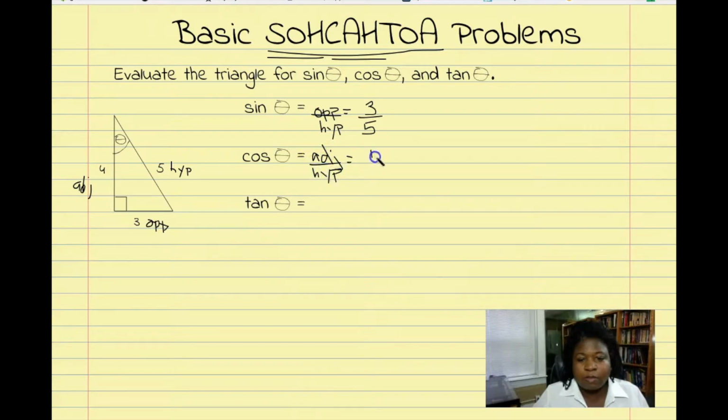We have 4, and we know the hypotenuse is still 5. And when we want to find tangent theta, it's still opposite over adjacent, and now 3 is opposite and 4 is adjacent. So the tangent of theta is 3/4.